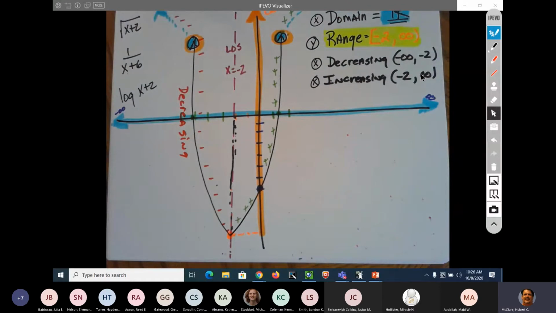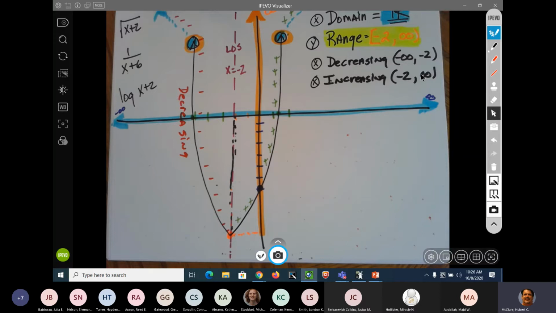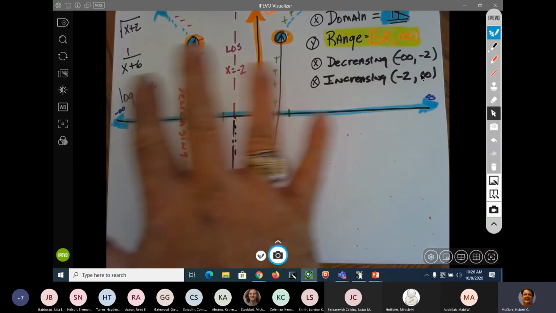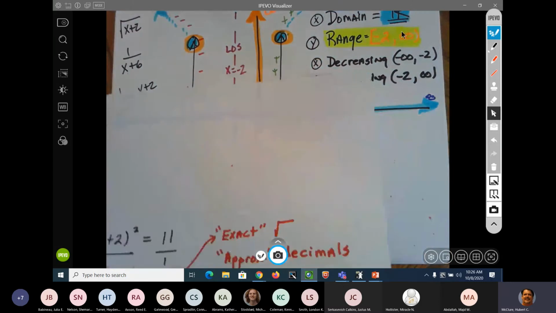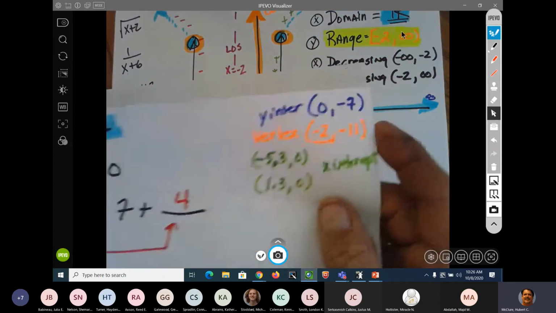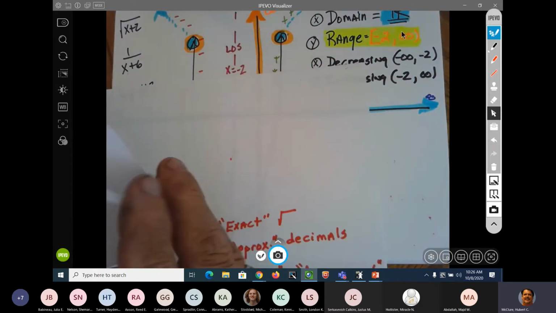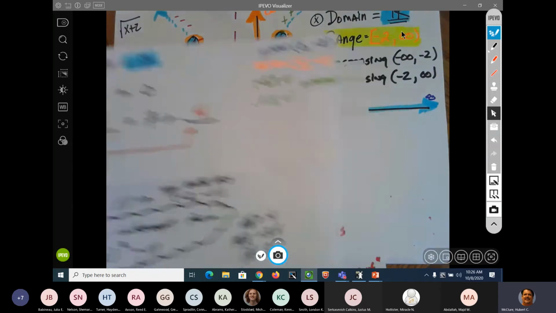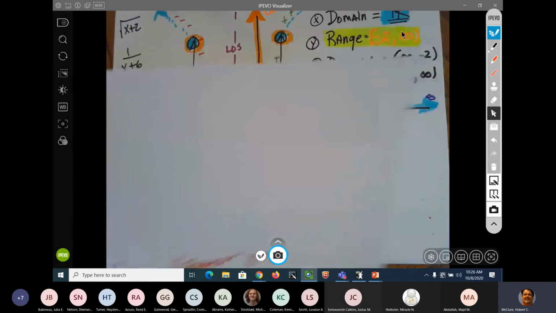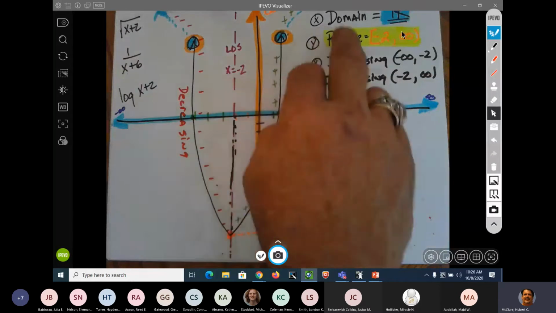Now, I'm just curious. How many of you, raise your hand, let me see, and leave it up. How many of you have seen this in entirety? In other words, from the beginning, when we did this, and we went all the way through and found our x-intercepts, and then sketched, and then did domain and range.